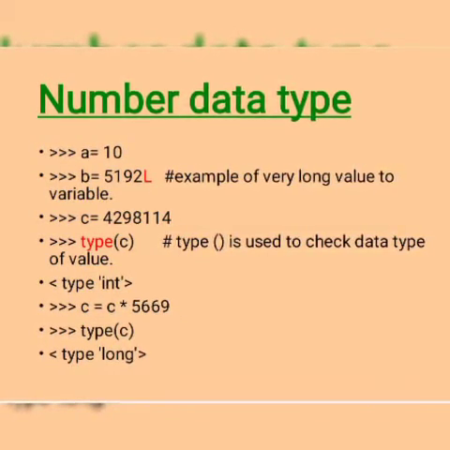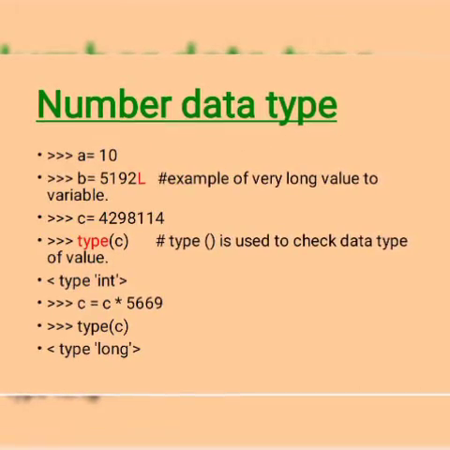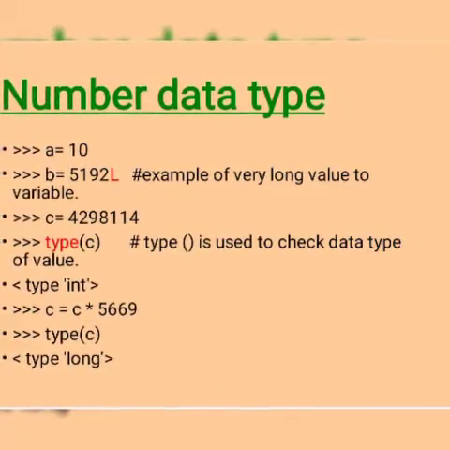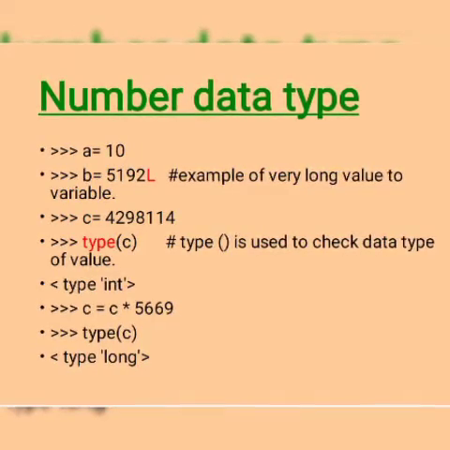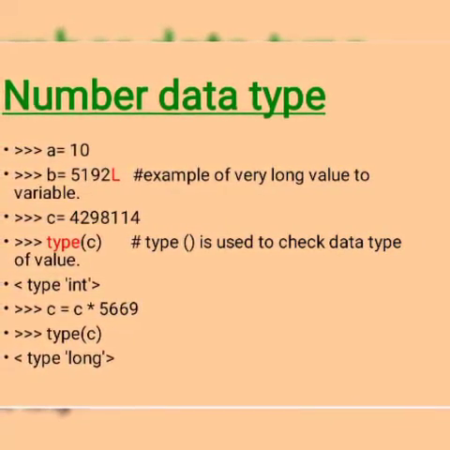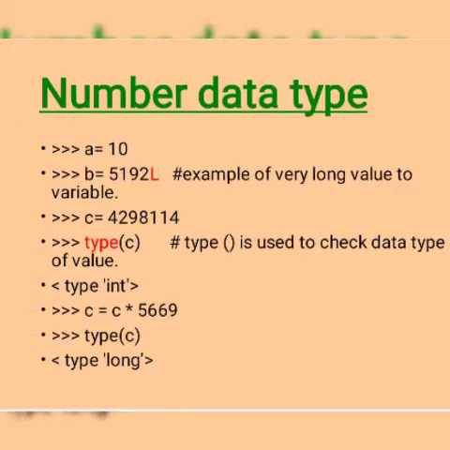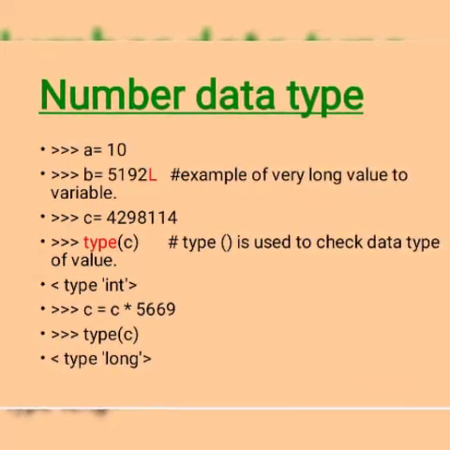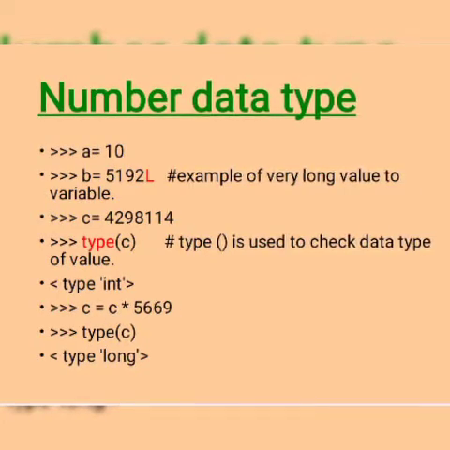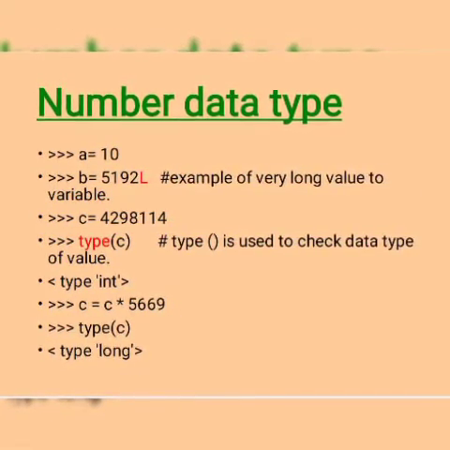After the prompt, we have a is equal to 10. I have written it on the slide, you can check it. This a is a variable here, this a is an object here. We have stored some value in this variable. This is integer type data, because we have stored integer type data in this variable.